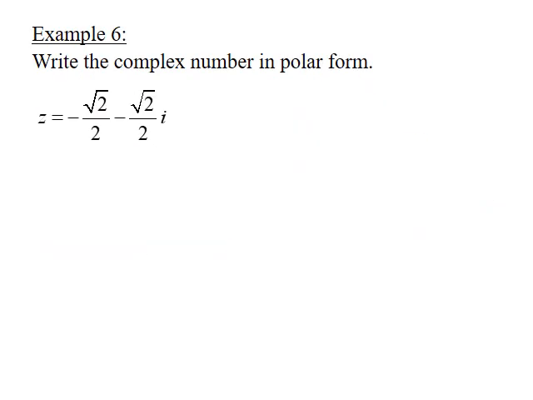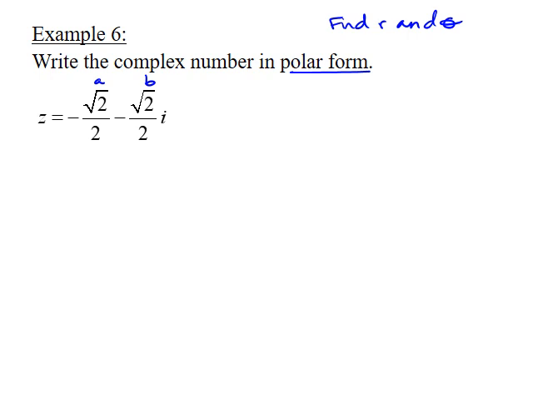Okay, so here's what all of this information means. We have this complex number given to us where this is A and this is B, and we want to write it in polar form. So we need to find r and theta. Let's analyze this a little bit.